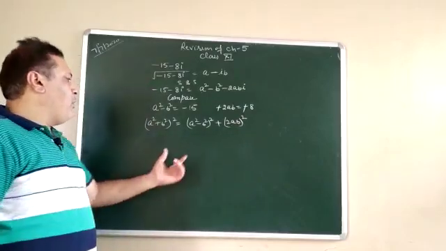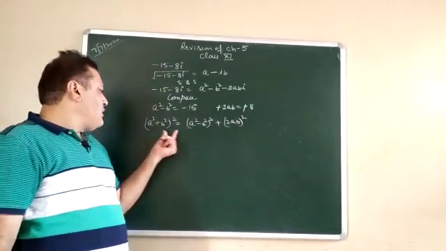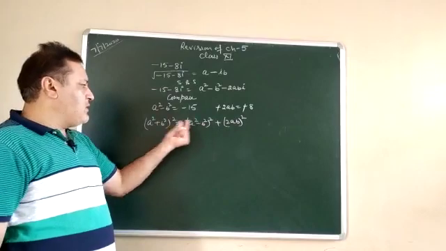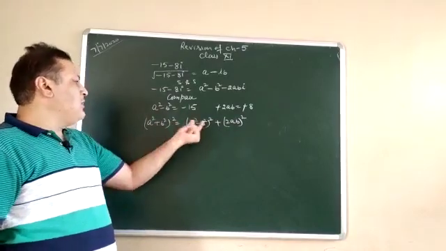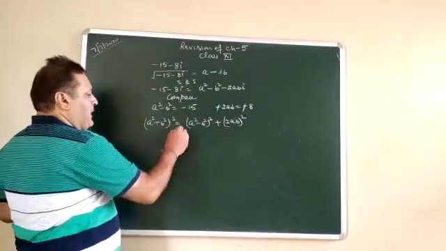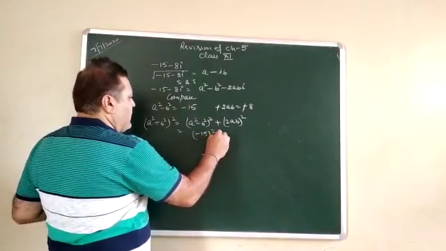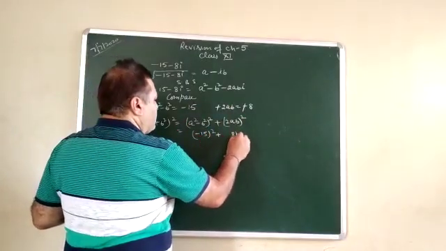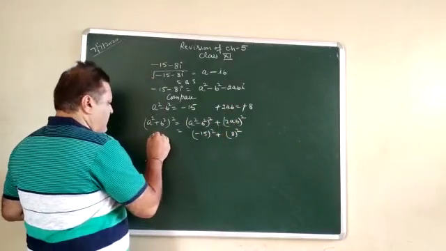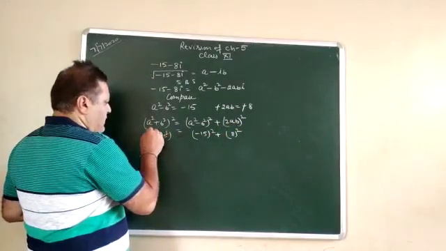Means if you open the squares of these two, your result is equal to this square. This is the formula you have studied in class 10th. Remember it. Now a² - b² you have -15 squared, 2ab is equal to 8 squared, that is equal to (a² + b²)².